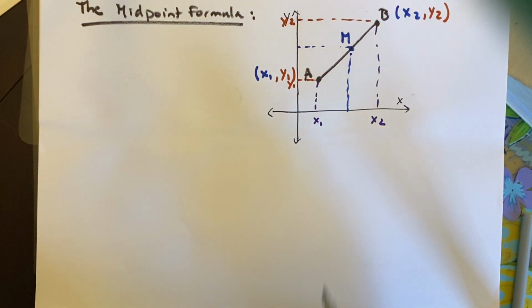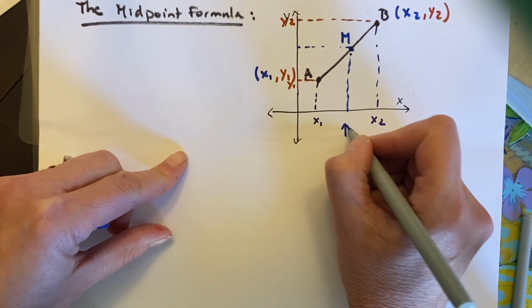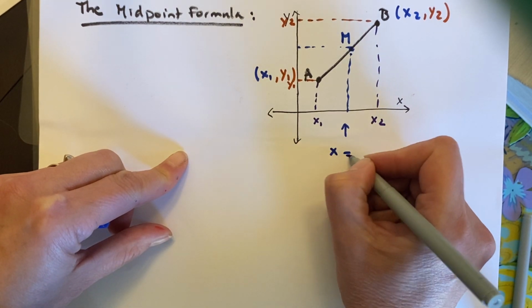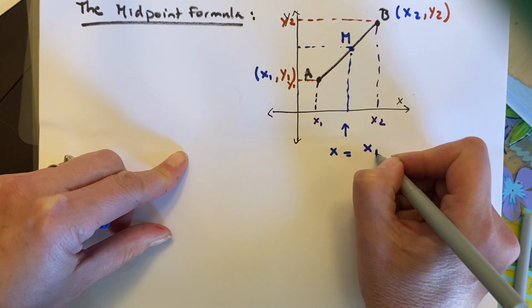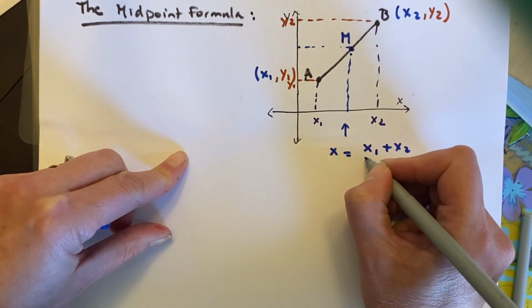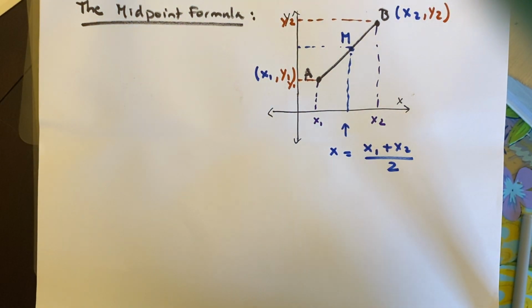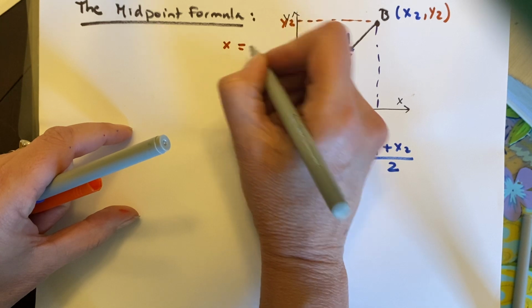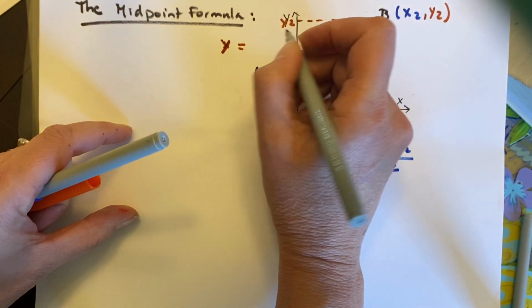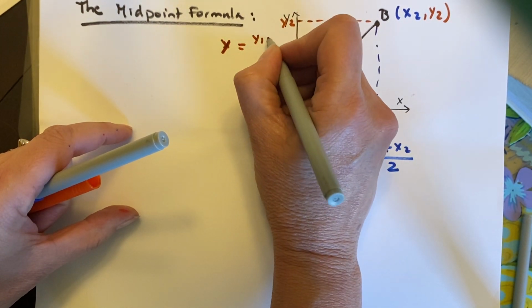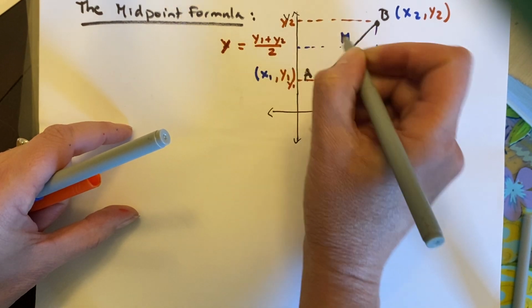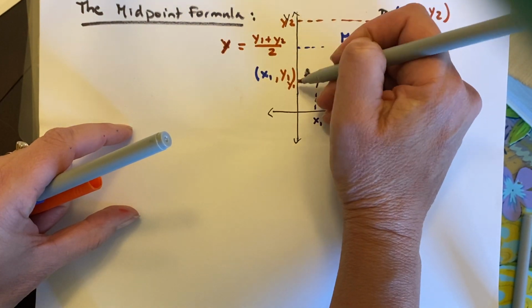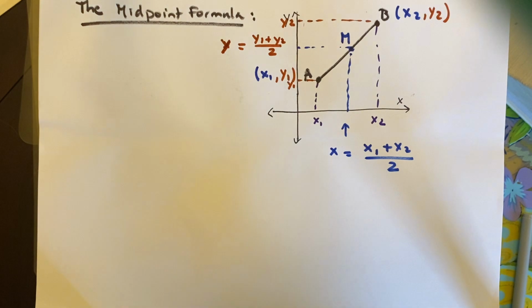And in fact, the x coordinate is equal to the average, x1 plus x2 divided by 2. And the y coordinate is equal to y1 plus y2 divided by 2. It's exactly the average between these coordinates.